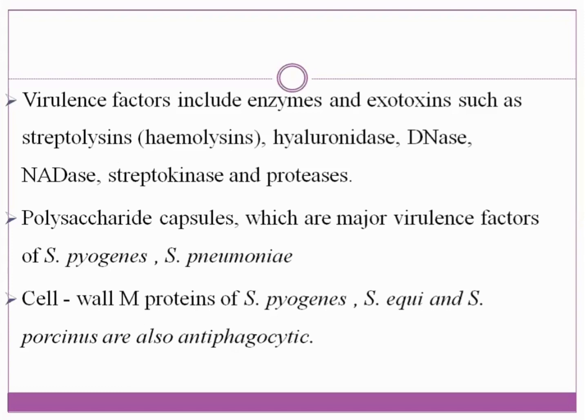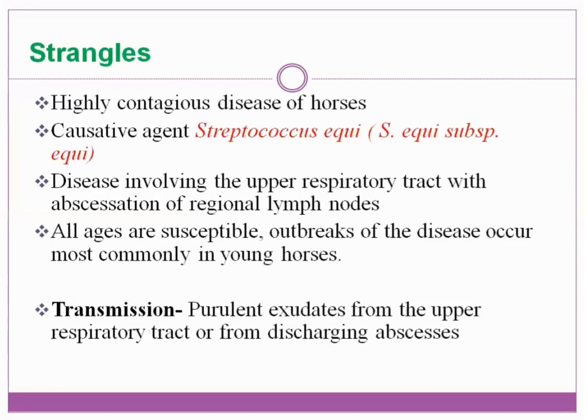So the M protein found in these species has antiphagocytic properties. These are the major virulence factors found in the various species of the streptococci, and they cause disease or infectious conditions in humans as well as in animals.